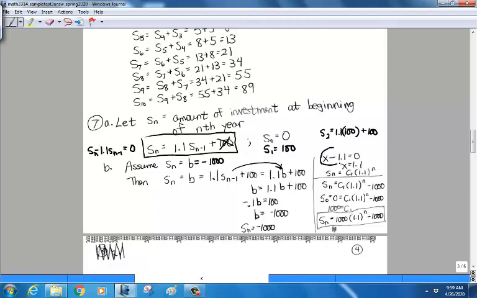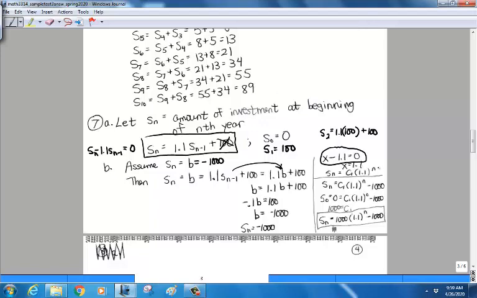So here's your characteristic equation: x minus 1.1 is equal to 0. Solve that characteristic equation. That's very easy to solve. That's x equals 1.1.